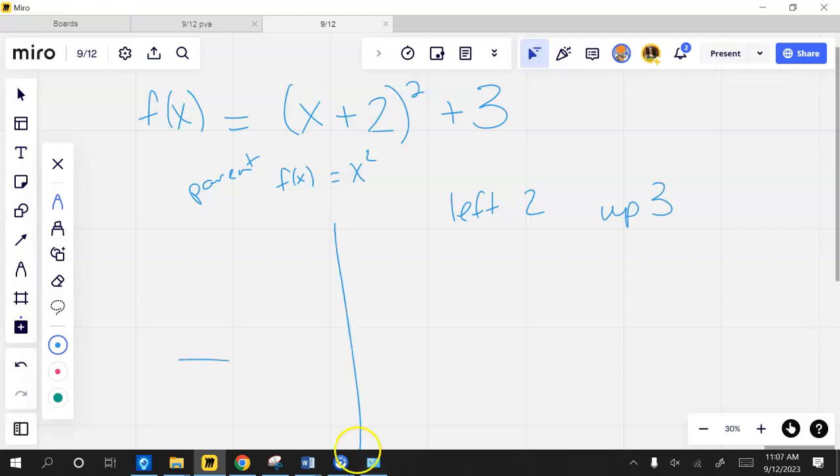So I've taken my regular parent, right? And remember with a quadratic, you start at the vertex with the parent and you just go over 1, up 1 for that first point. So here I start, if I take that initial parent vertex and I move it left 2 and up 3, here's my new vertex, and then just over 1, up 1, over 1, up 1. Here's my new graph.